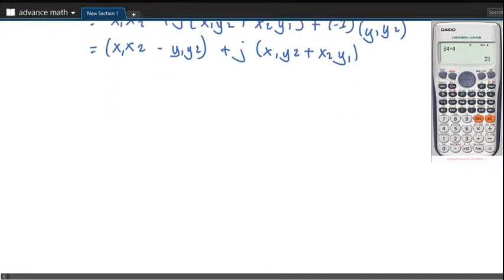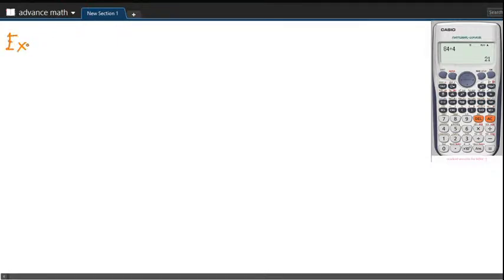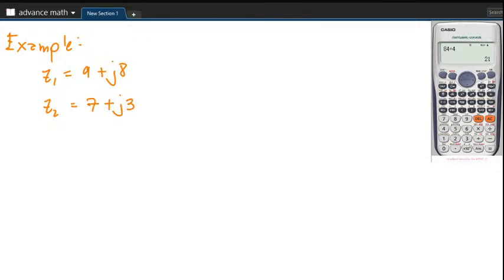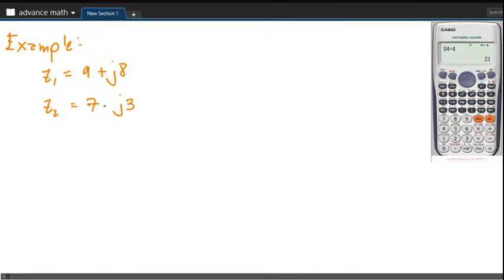So for example, we have our z sub 1 is equal to 9 plus j 8, and our z sub 2 is equal to 7 plus j 3, or maybe we could have this one as negative so that it could be more challenging for us. Okay.